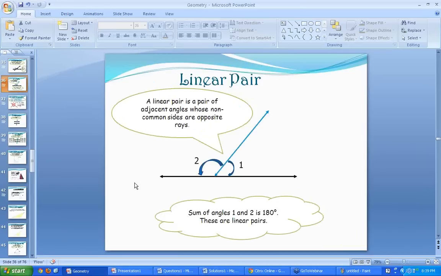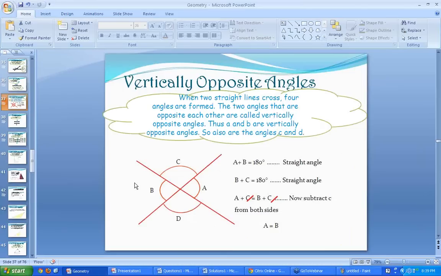Linear pair is just adjacent angle. Vertically opposite angles are always equal. Vertically opposite angles are those angles which are formed by intersection of two lines. Like here, if you see, A and B are vertically opposite angles and they will be equal.